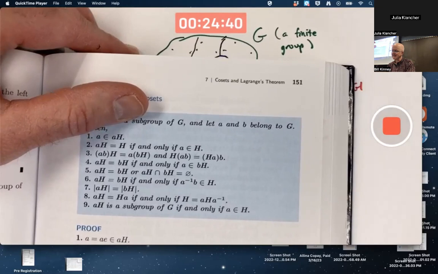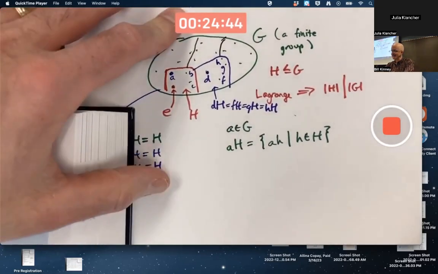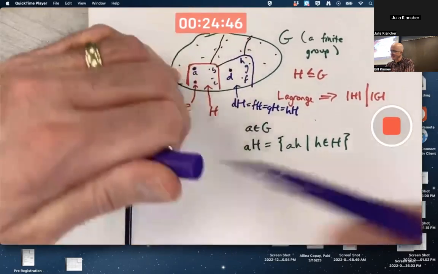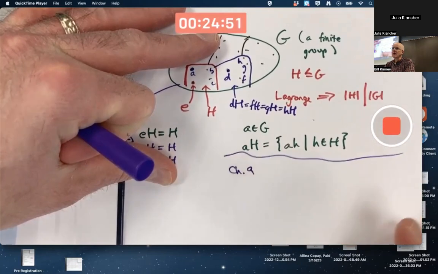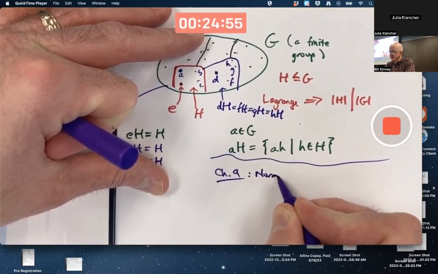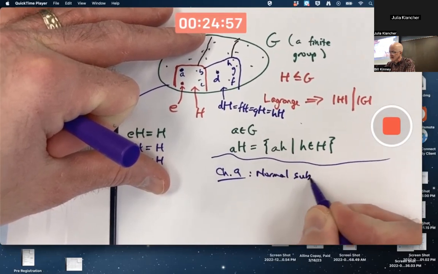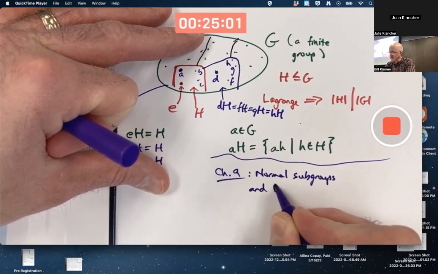Although it's not there, there's going to be a property in chapter 9. In chapter 9, we're going to be talking about what are called normal subgroups and what are called factor groups.